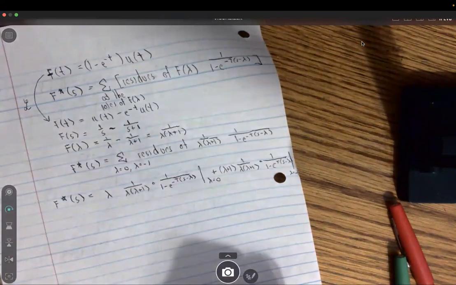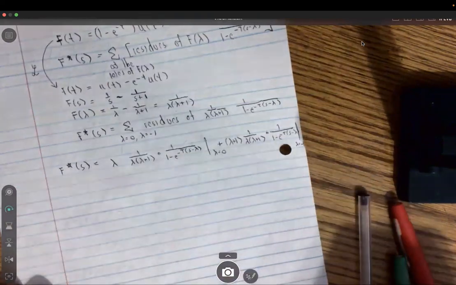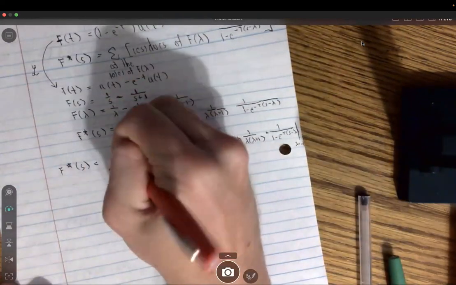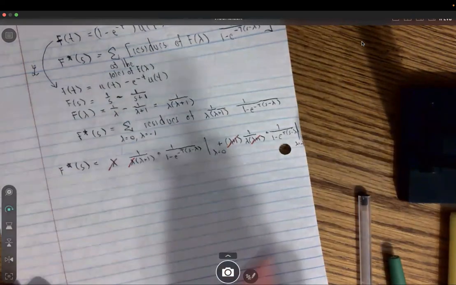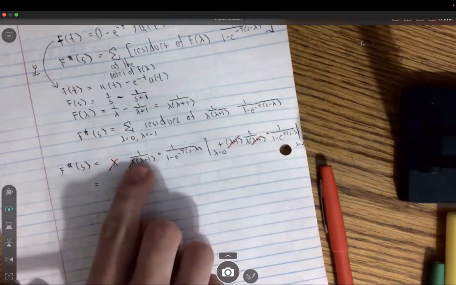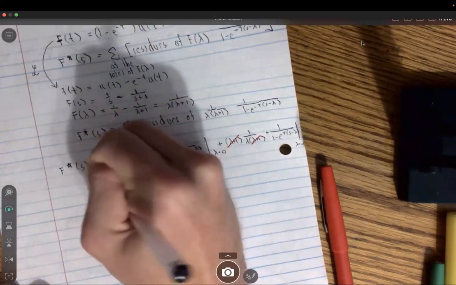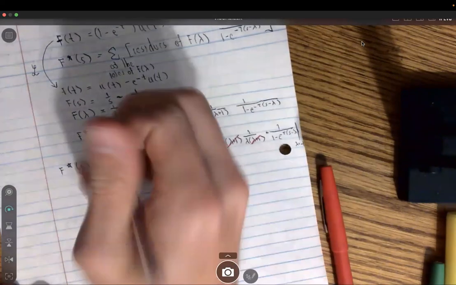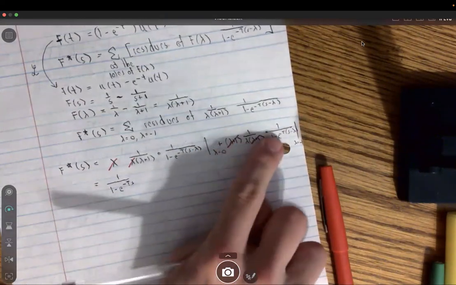Okay, now that we got that, what we have to do here is we're going to have to solve. So looking at what cancels, you're going to notice this lambda and this lambda here cancels. This one cancels. And now plugging in what we have here, for this term, when you plug in 0 for lambda, you get 1 over 1 times 1 over 1 minus e to negative t s, and then lambda 0. And then what about this term here?